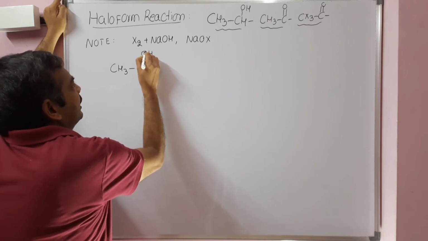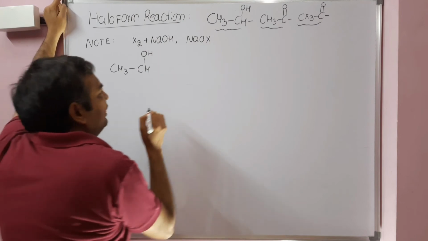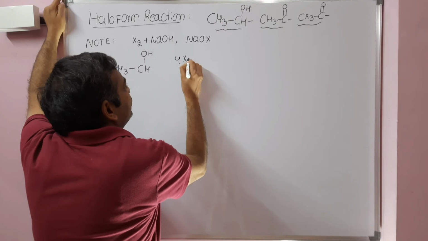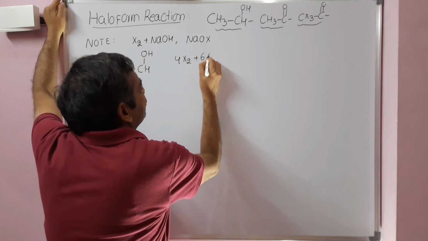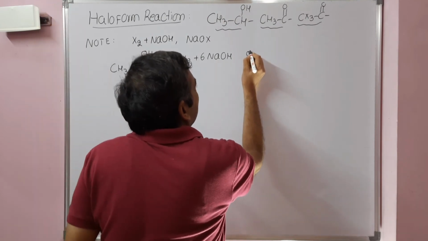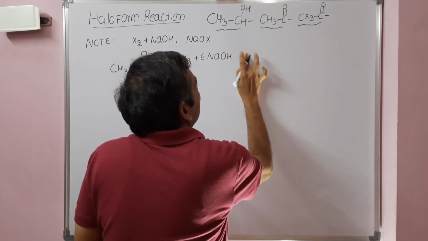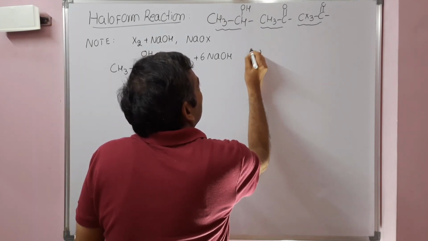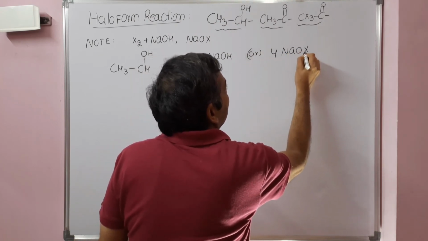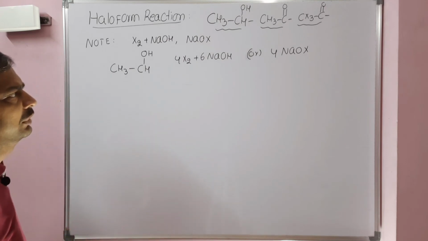If it is alcohol, we need 4 moles of X2 and 6 moles of sodium hydroxide, or 4 moles of sodium hypohalite. Clear?